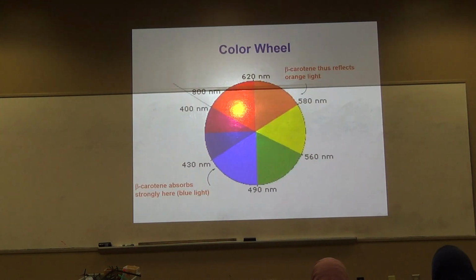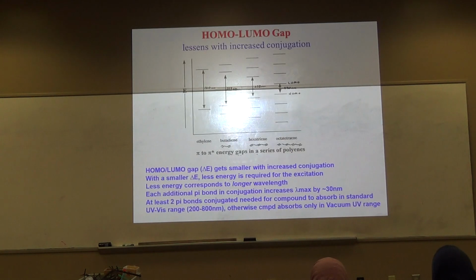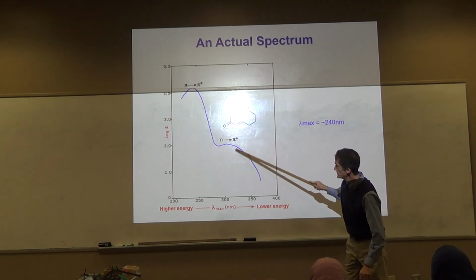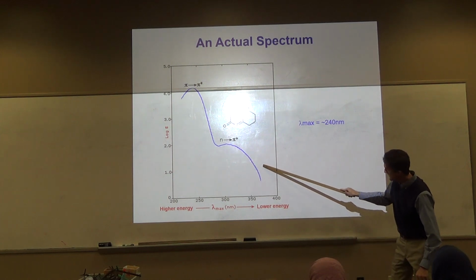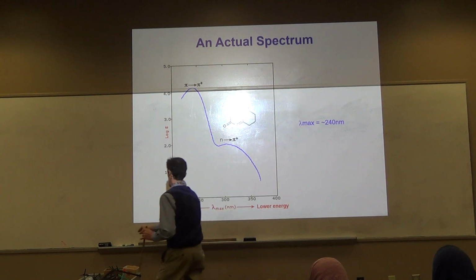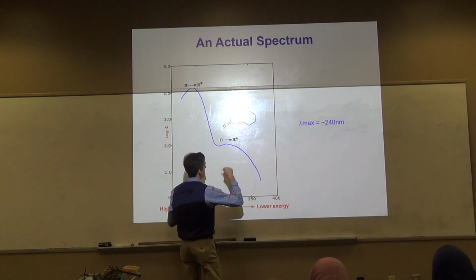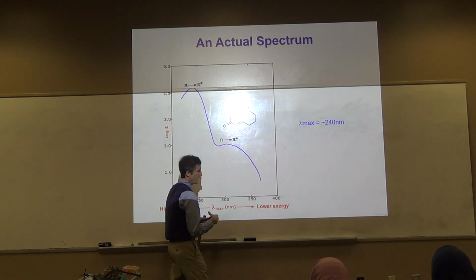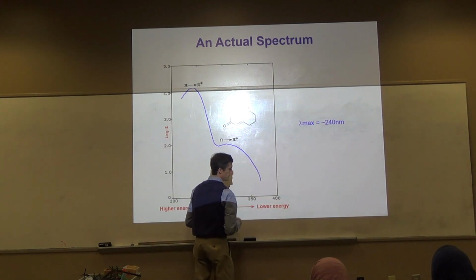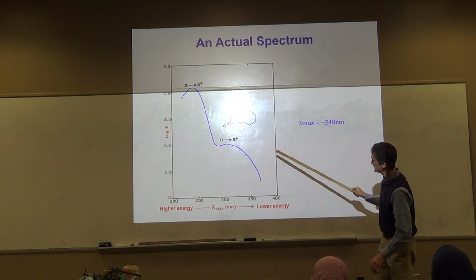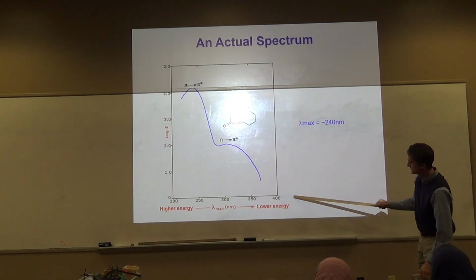Just because Lambda Max is over here doesn't mean it can't come out here and maybe absorb a little bit. What if this came over here and we had something that absorbed a little bit? Basically, the closer all this is to this, the more likely this is to spill into the visible region.